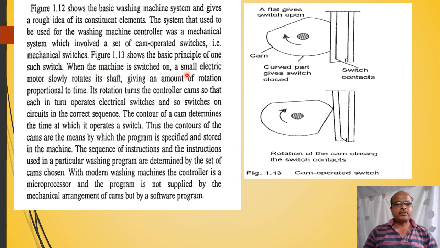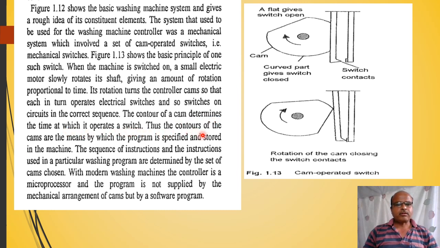When the machine is switched on, a small electric motor slowly rotates its shaft, giving an amount of rotation proportional to time. Its rotation turns the controller cams so that each in turn operates electrical switches, and so switches on circuits in a correct sequence. So the contour of a cam determines the time at which it operates a switch.